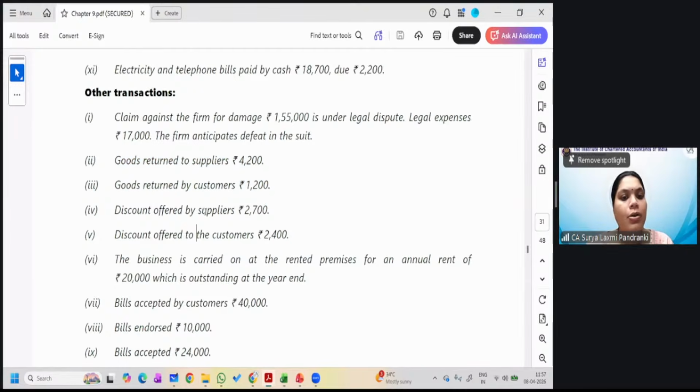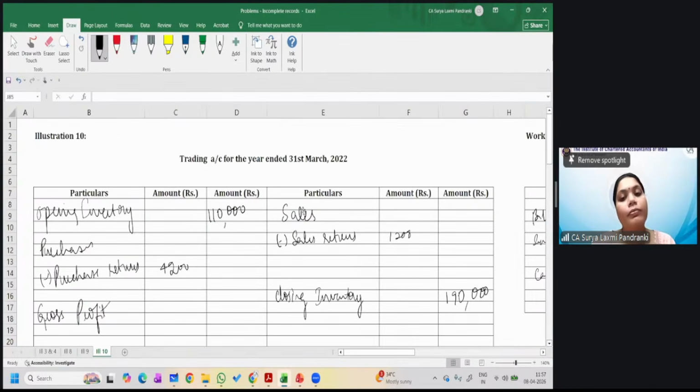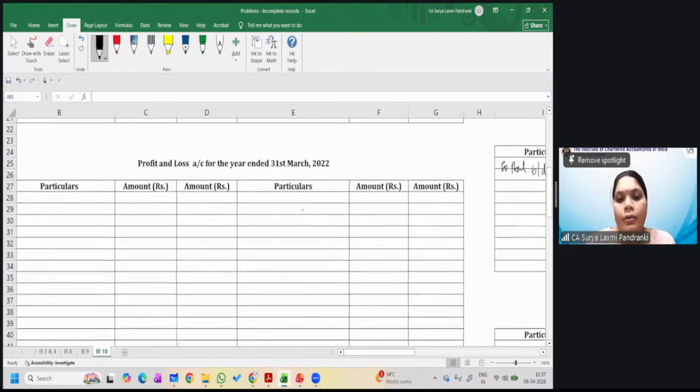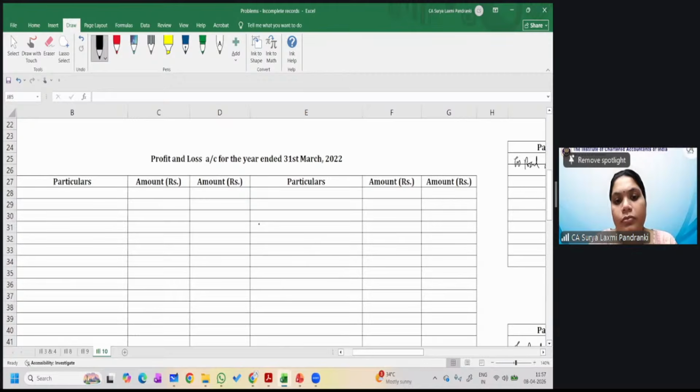And then discount offered by suppliers. We need to write this in the sundry debtors and creditors as well, because for adjustment entries, discount will be found in two places.